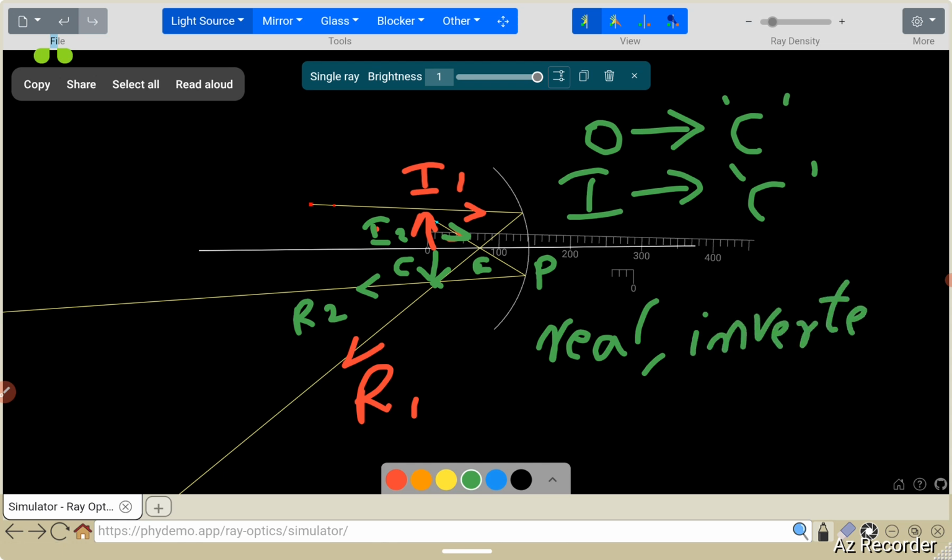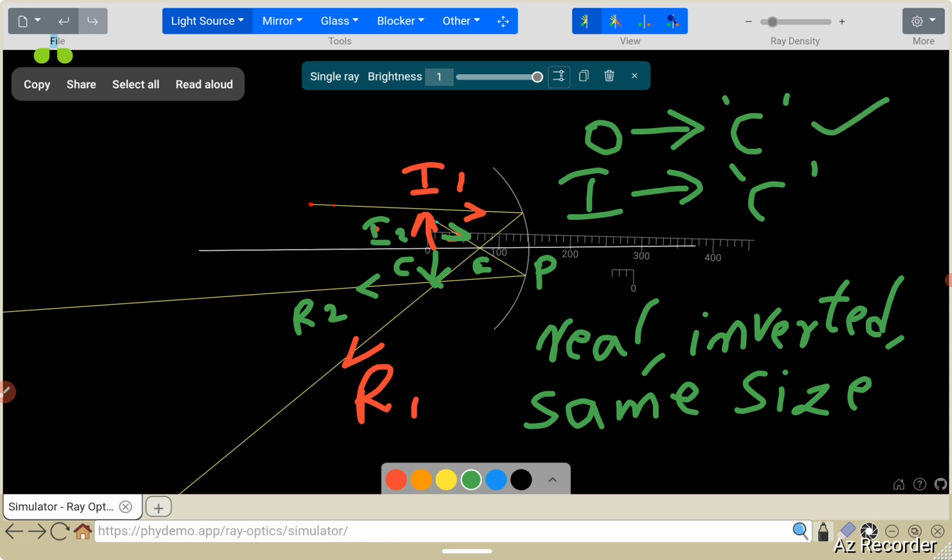Understood? Then what is the size? Same size, that means it will form equal to the object. If you see the diagram also, you will understand. So this is the nature of the image formed when the object is placed at the center of curvature.